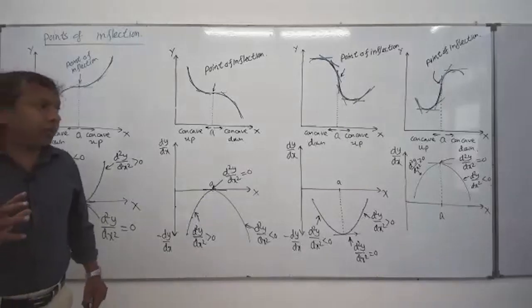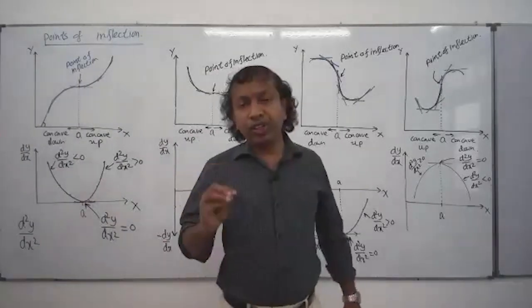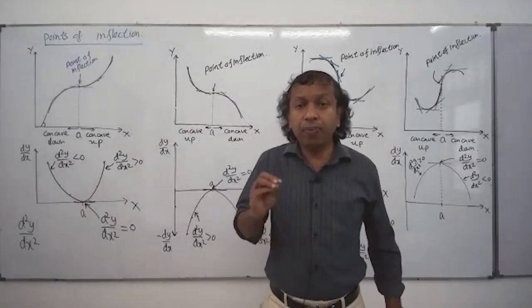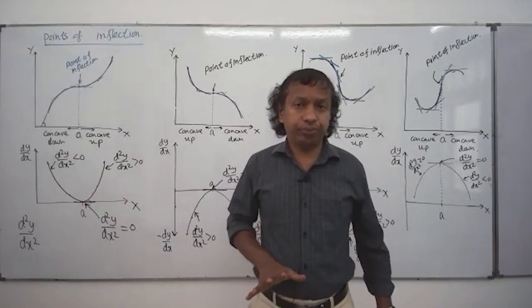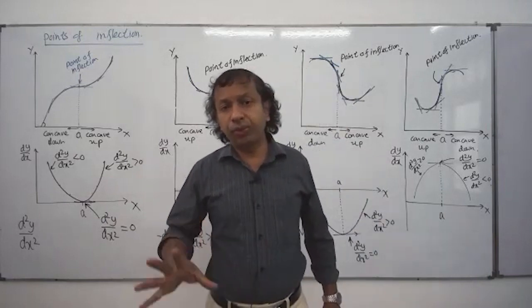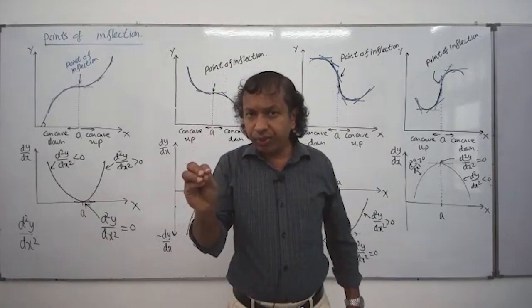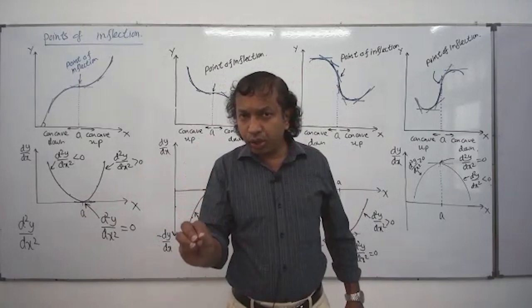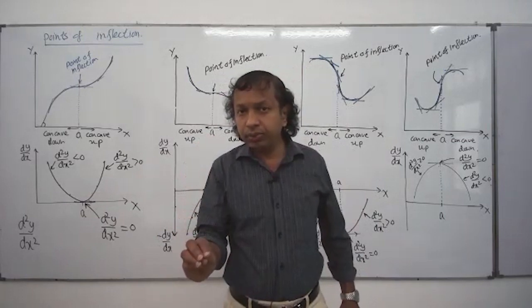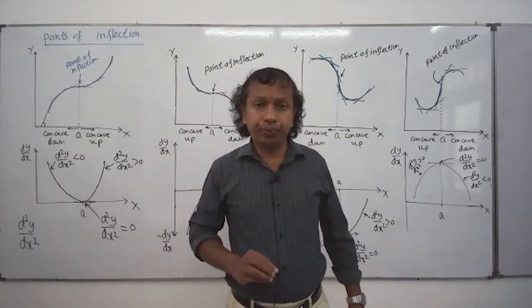Okay, therefore people, at a point of inflection, remember, the second derivative is 0. If we have a point of inflection, the corresponding second derivative at that point is 0. But people, the converse is not true.